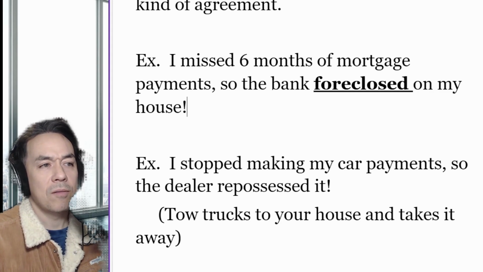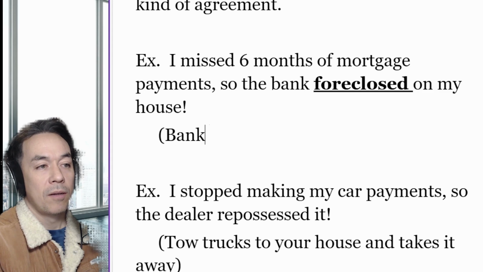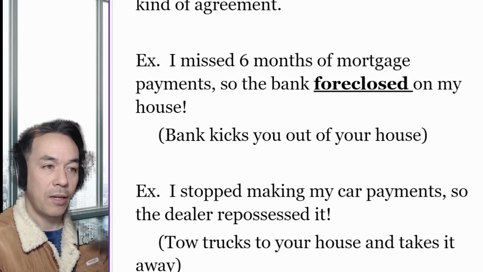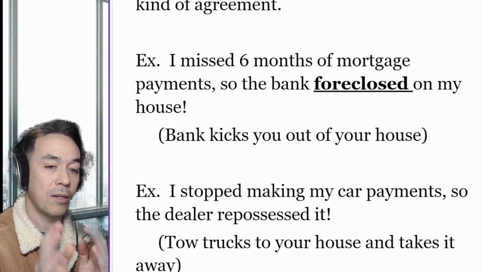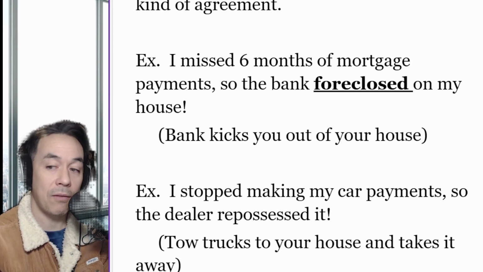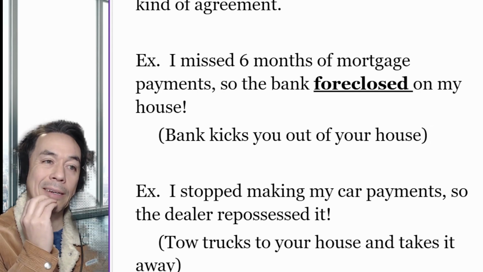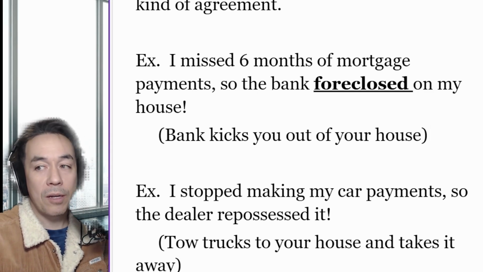But in this case, the bank kicks you out of your house. So the house stays there, of course, because it's on the land. But then they show up with a sheriff or police. They say, okay, are you this person? Okay, you have to go. Or in a certain amount of time, and then you can't come back. And then now the house belongs to the bank or the lender. Okay, wow. So there we go.